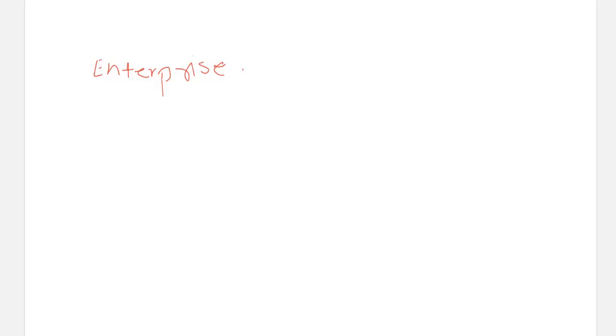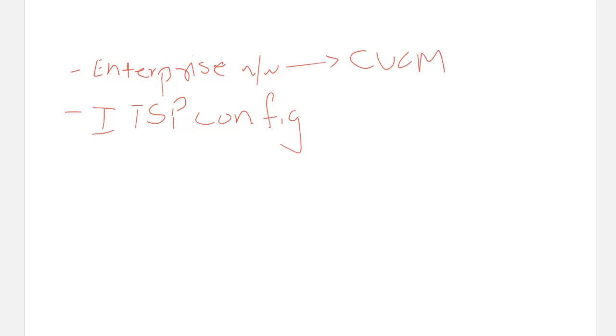The second thing we'd be doing is the ITSP side configuration, so ITSP config. All right, so this means that this is our CUCM side config in the first way, and in the second we would be doing the CUBE side of the configurations.